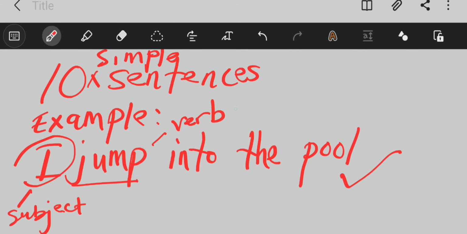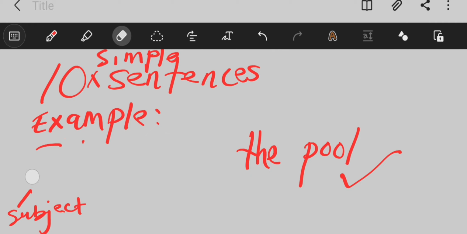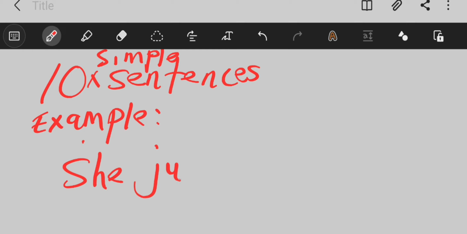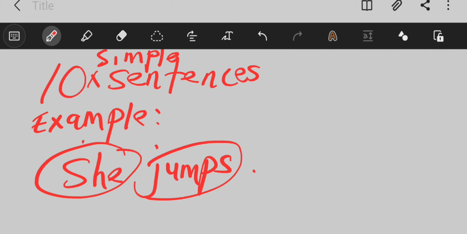You can even write a really short one. For example, she jumps. See, this is already a correct sentence actually. It has a verb and a subject.